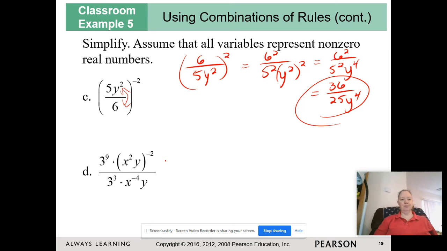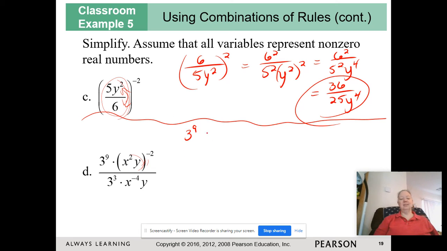This one, there's a couple different ways we can start this one. And I am going to need a lot of room. So even though this is a negative exponent, what I'm going to do is apply the exponent to each of the items inside. The reason I do that first, as opposed to how I did it here, is because this is a whole fraction with a negative exponent, where this is not a fraction inside here.